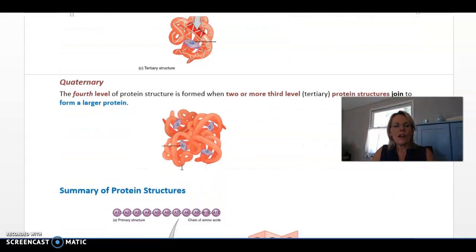And the 4th and last level of protein structure is called the quaternary structure. This essentially is when you have one or more of these 3rd level proteins joined together with another 3rd level protein, forming this large globular type structure in this case.